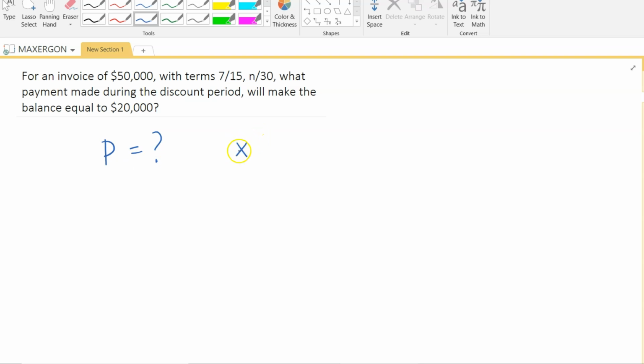And the size of this credit is such that if discounted by 7%, it is 7% discount because it's specified in the terms, we should be obtaining that partial payment. From here, we can find this credit, which is P divided by 0.93. Once we find this credit, we can now build this equation.